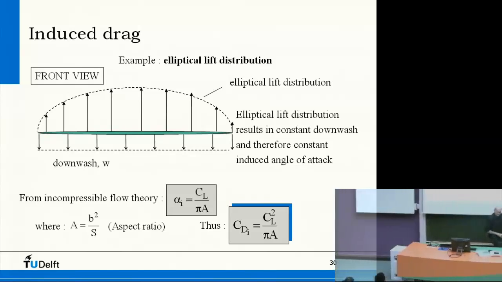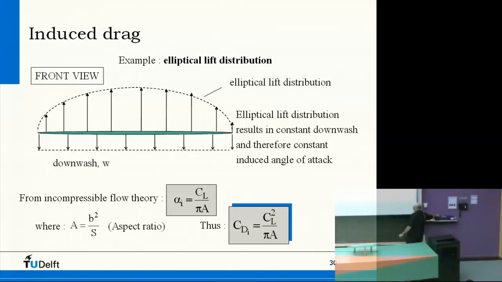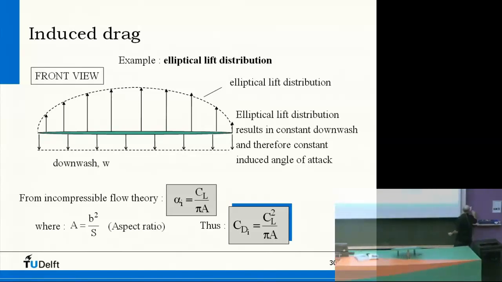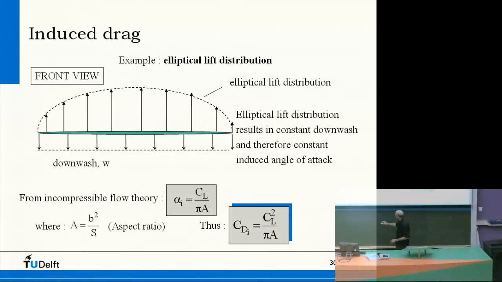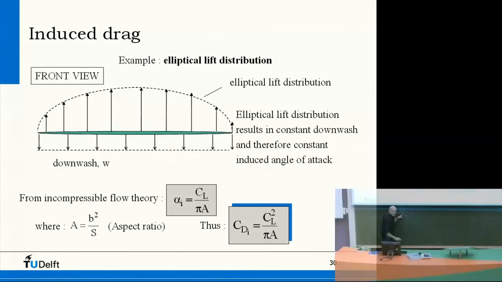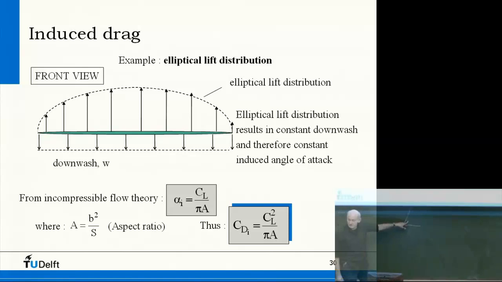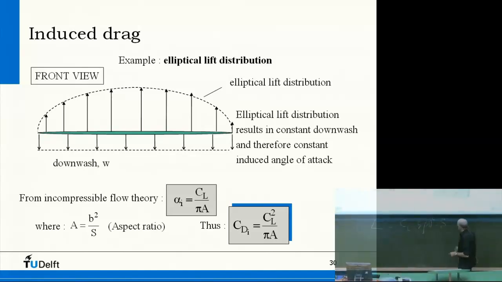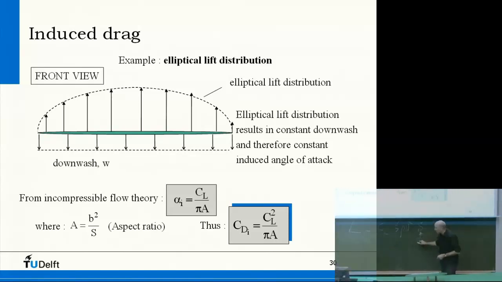Let me show that. Obviously, the induced drag has something to do with the lift, right? And the lift force is CL times half rho V squared times S. And in this S, we have the chord times something, depending on the span and whatever. But there is a chord there.